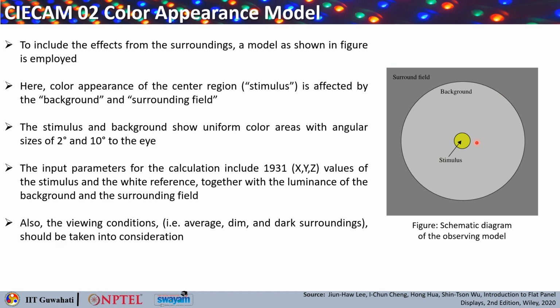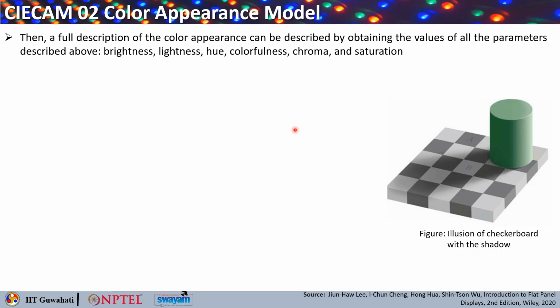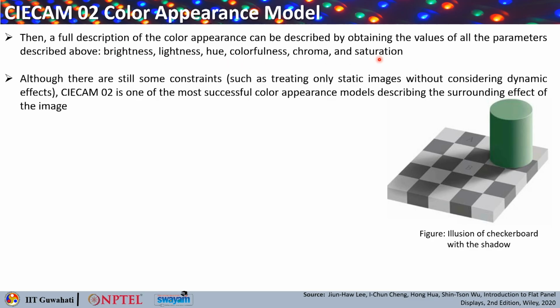So, with that, if you use a full description of the color appearance, that can be described by obtaining the values of all the parameters described above, something like brightness, lightness, hue, colorfulness, chroma and saturation. So, this basically tells you the complete picture about the color appearance.